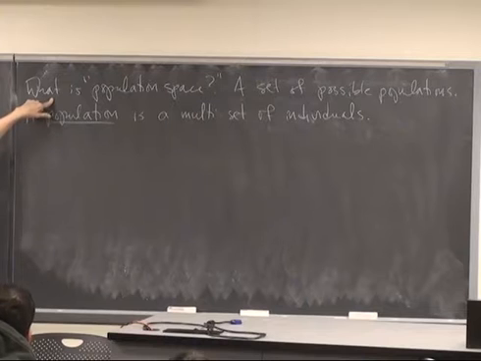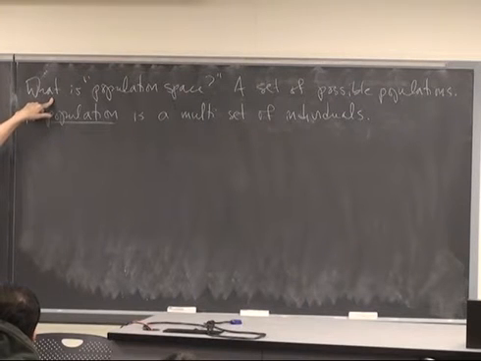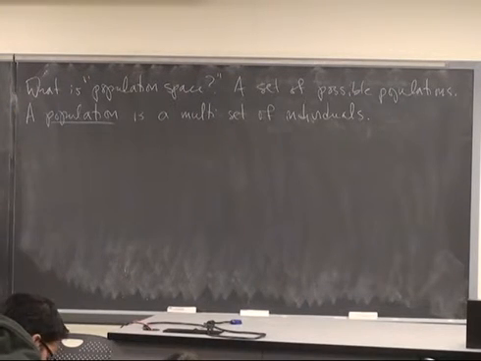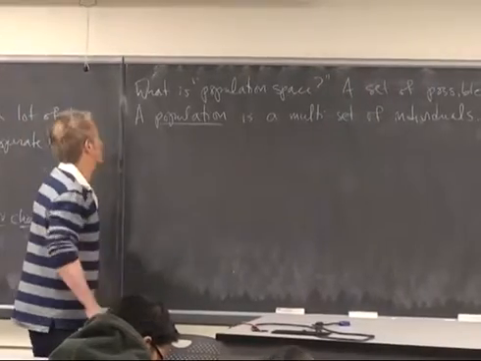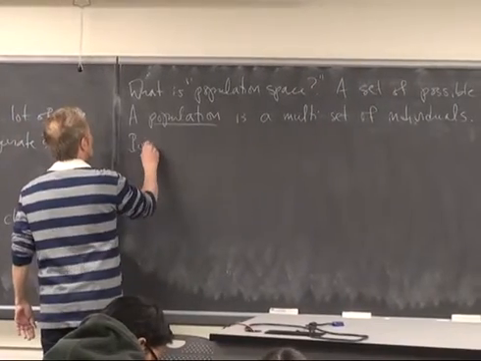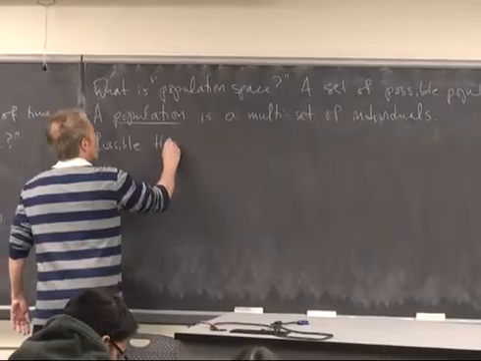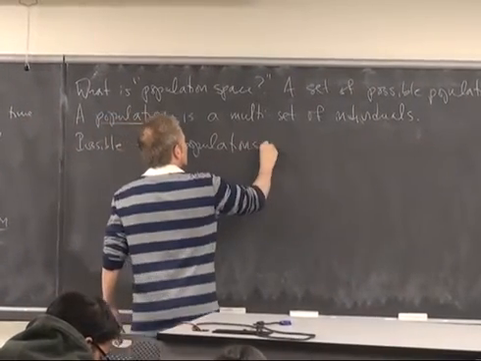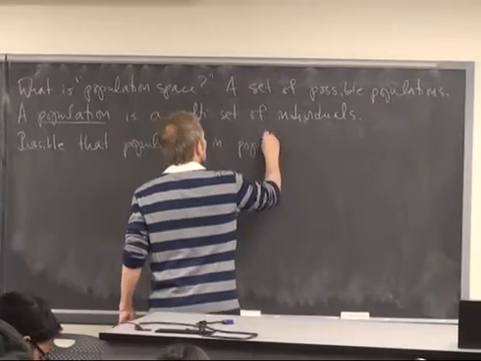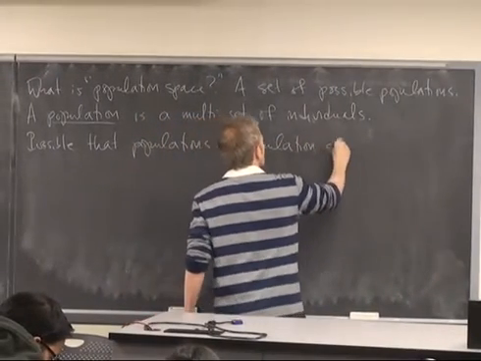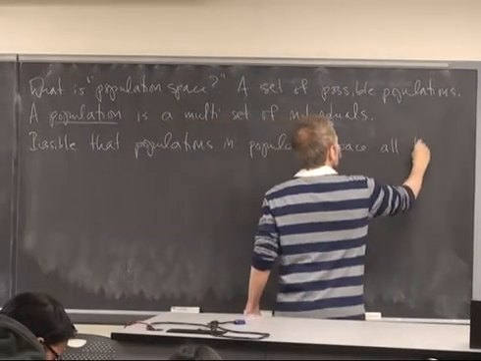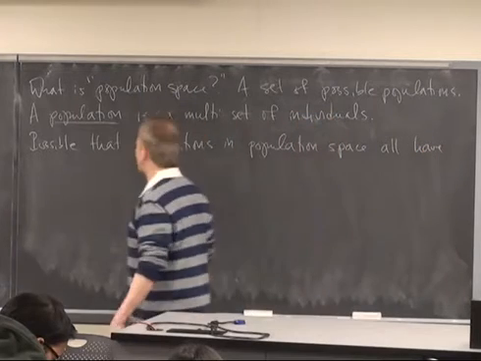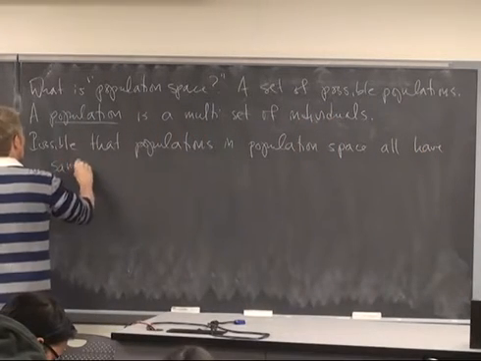The populations in population space in a given context might be all of the same size. Okay, it's possible that the populations in population space all have the same size, meaning the same number of individuals.